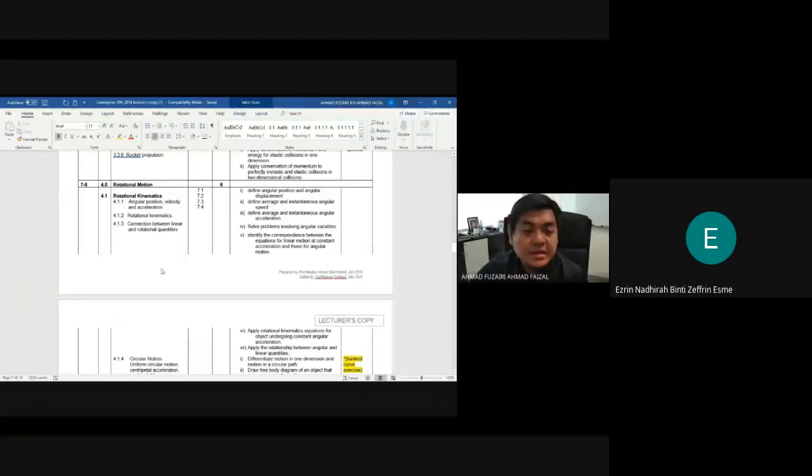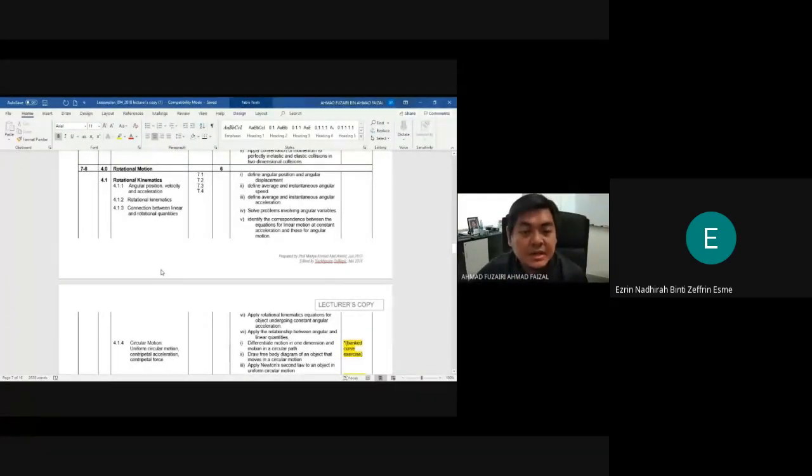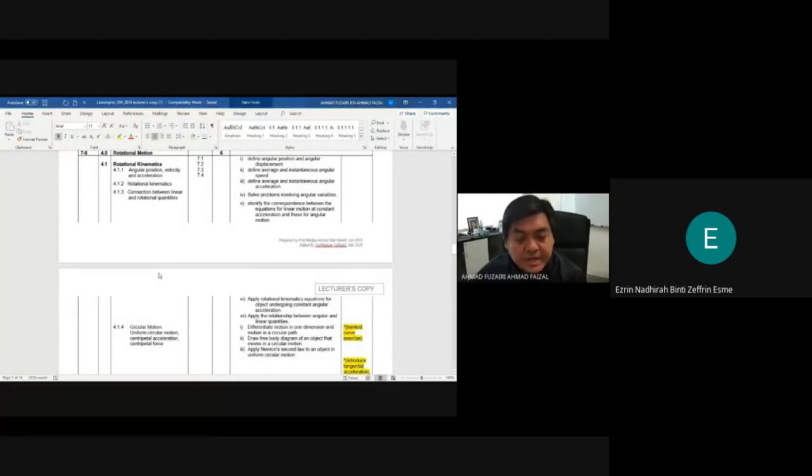So rotational kinematics will provide a lot of information, including the equations involved.